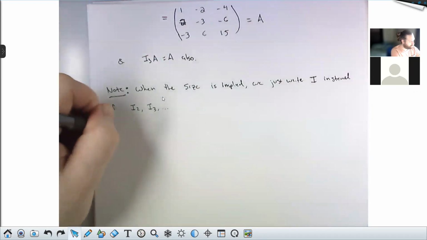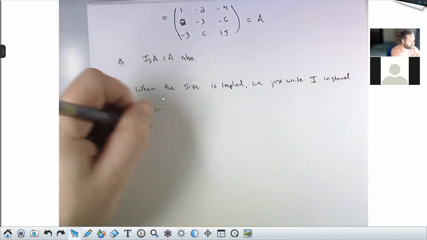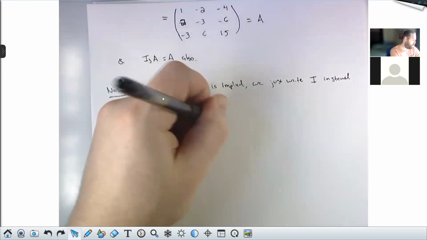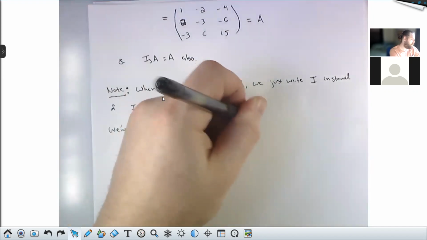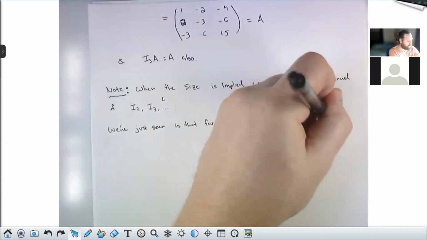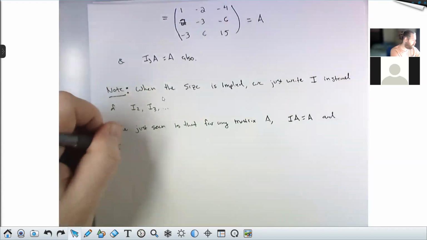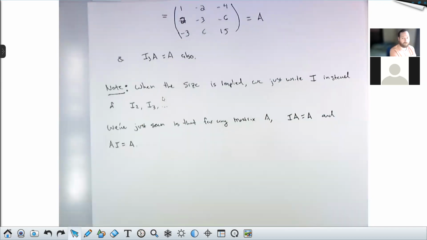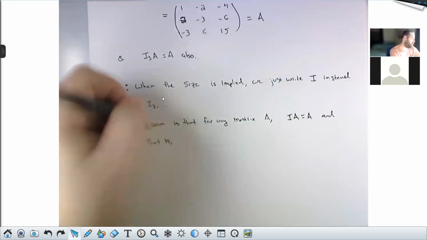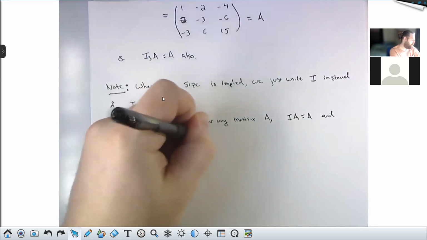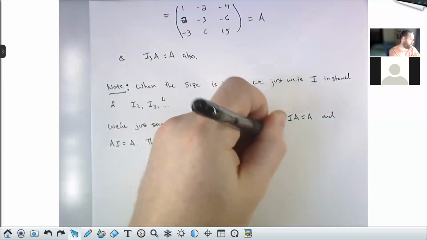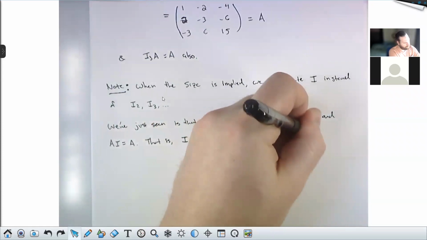And what we've just shown, or just seen, is that for any matrix A, I times A is equal to A, and A times I is equal to A. That is, I works like the number 1, but for matrices.